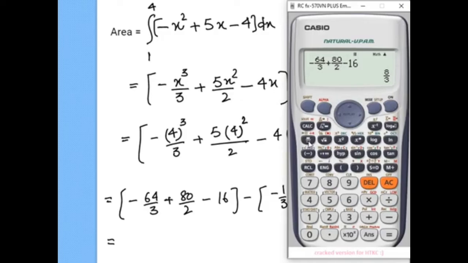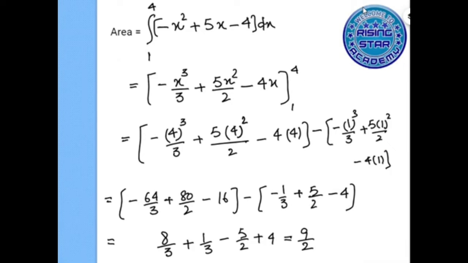After solving the first part, we will get 8 by 3. Now I would solve the second part. That would be now plus 1 by 3 minus 5 by 2 plus 4. So 8 by 3 plus 1 by 3 minus 5 by 2 plus 4. The area would be 9 by 2. That is our final answer.